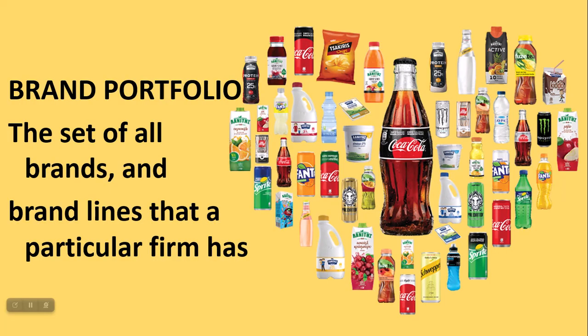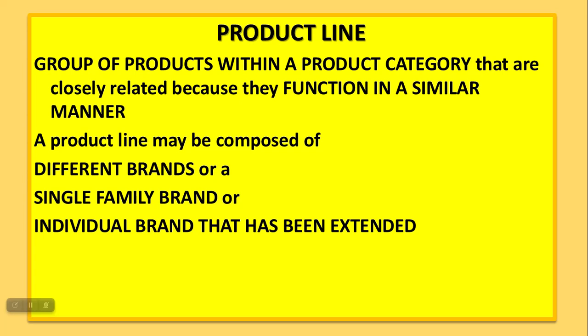In brand portfolio, it is the set of all brands and brand lines that a particular firm has. Like the example you can see here, that so many brands are available from the same company. Product line are group of products within a product category that are closely related because they function in a similar manner.